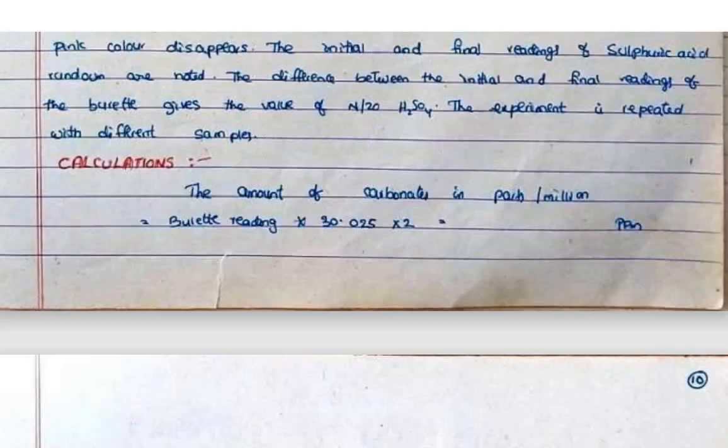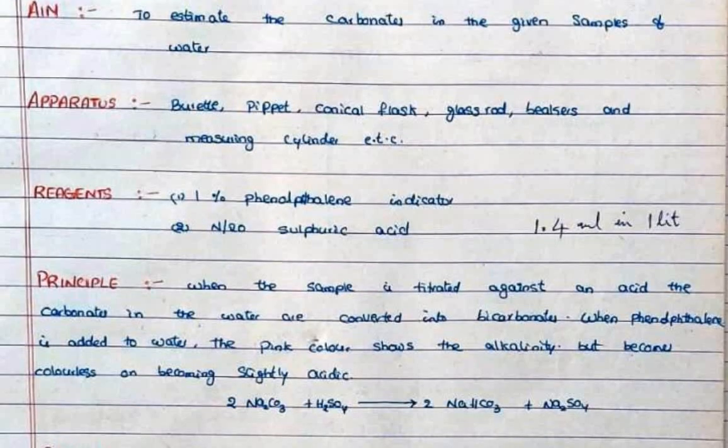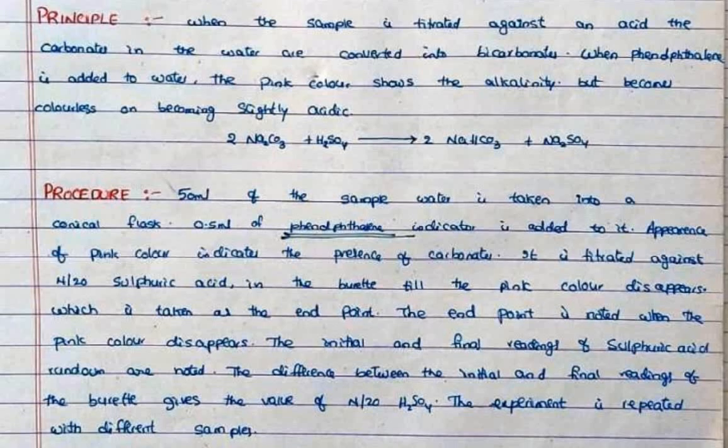So we will repeat. Aim: to estimate the carbonates in the given sample of water. Apparatus: burette, pipette, conical flask, glass rod, beakers and measuring cylinders. Reagents: 1% phenolphthalein indicator and N/20 sulfuric acid. Principle: when the sample is titrated against an acid, the carbonates in the water are converted into bicarbonates.